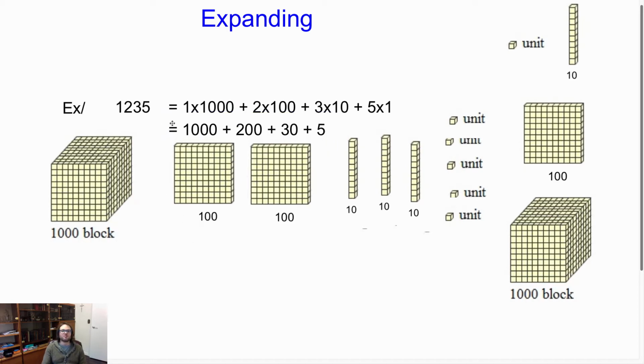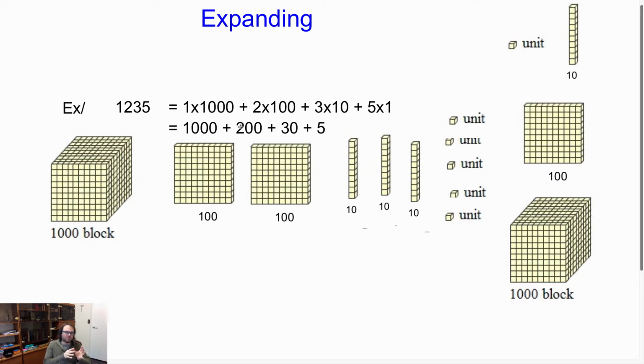Basically, 1 times 1,000 is 1,000, 2 times 100 is 200, 3 times 10 is 30, and 5 times 1 is 5. So that is essentially what this is in expanded form. Now this is very important when we get into something called exponents or scientific notation.